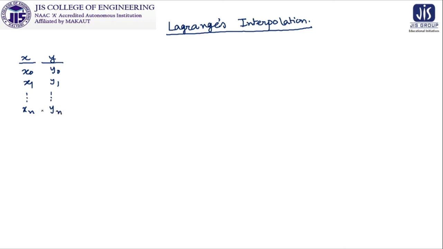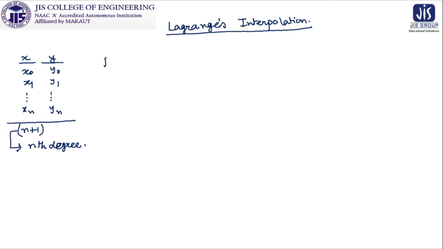First information is that there are n plus 1 number of data, and using them you can find a polynomial of at most nth degree, and that interpolating polynomial, if constructed in this structure, is called Lagrange's interpolation formula.